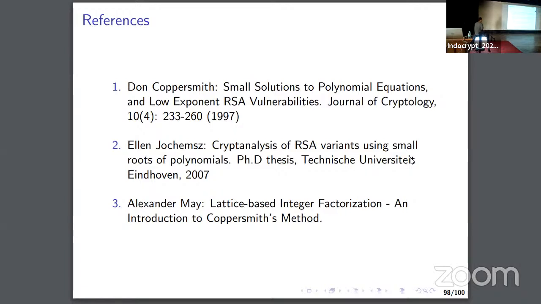The Coppersmith paper is a little bit difficult, but it is the original paper, so I should put it in this list. But the second and third are really important, interesting, and easy to read, I should say.